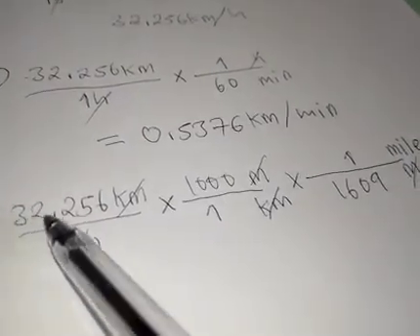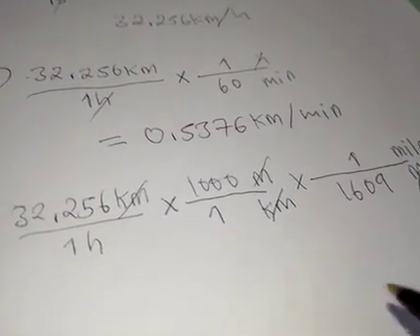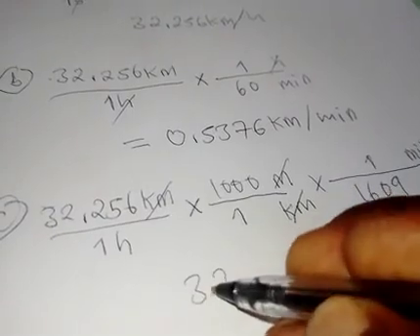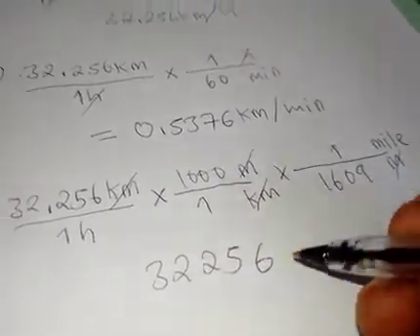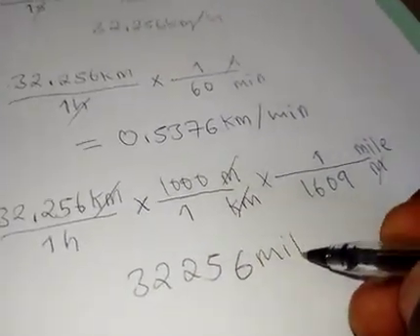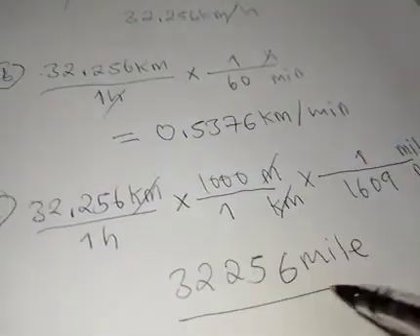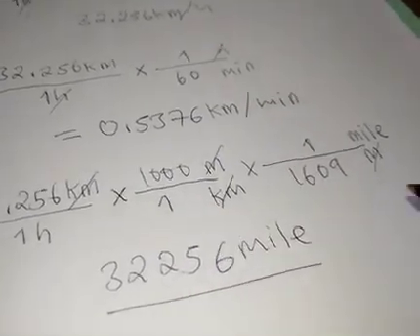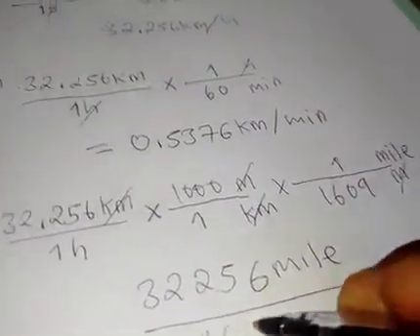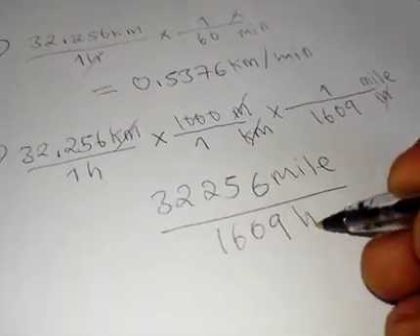32.256 multiplied by 1000, we just have 32256, that's miles, over 1609 hours.